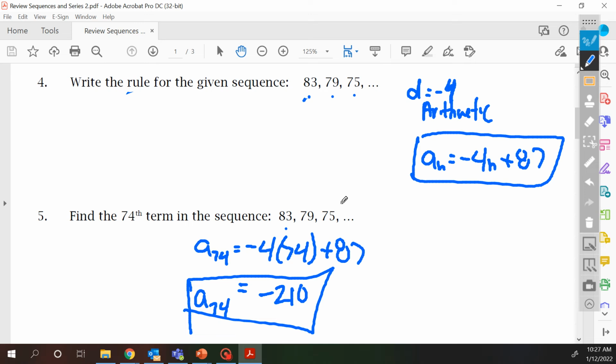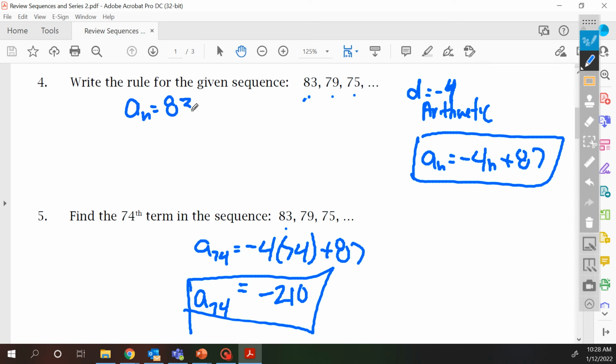Negative 296 plus 87. Okay, let me make the formula again. Let me just double check. So let me use the other formula. So 83 minus the difference 73 times. It is negative 209. Okay, so what did I do to my formula? My formula must be wrong. When I simplified it, I must have made a mistake.